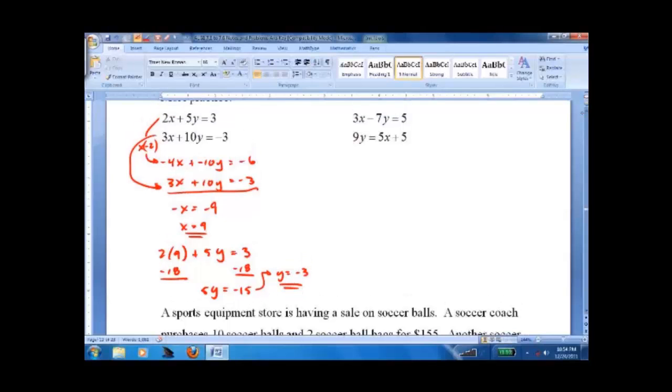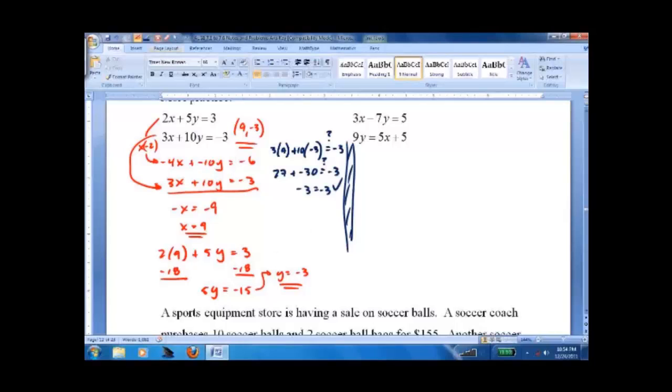Write it in. 9 comma negative 3. Check it. Use the bottom equation. 3 times 9 plus 10 times negative 3 equals negative 3. 27 plus negative 30 equals negative 3. Negative 3 equals negative 3.